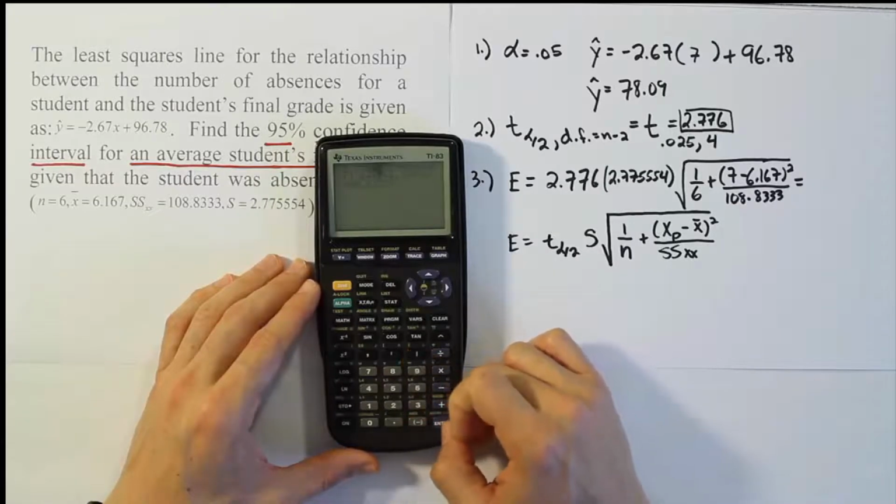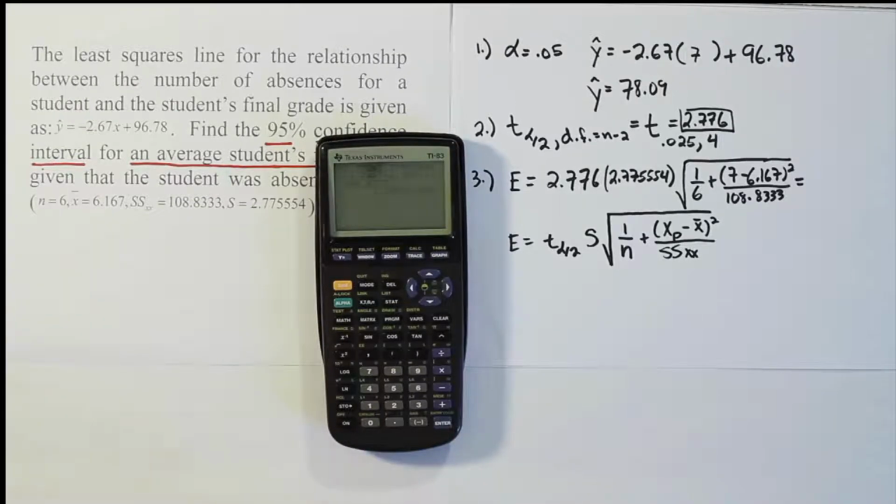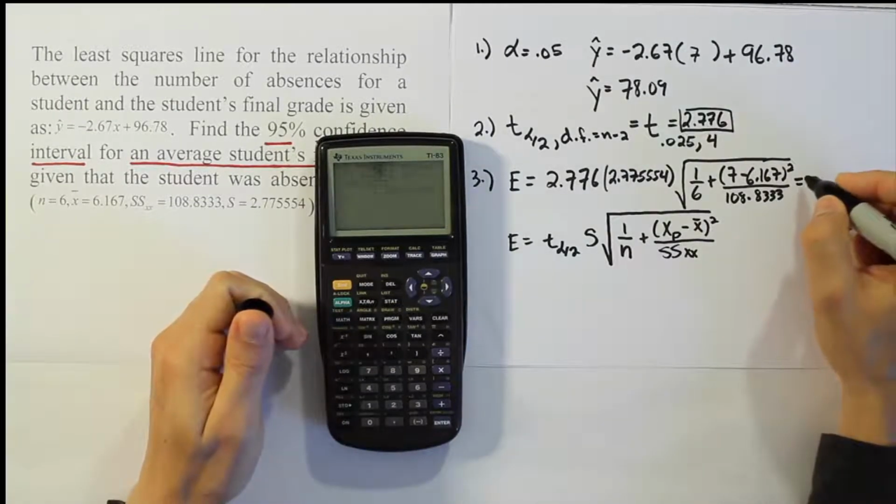Close up the parentheses, hit enter, and we get the answer 3.205. So 3.205 if you round it off, right?